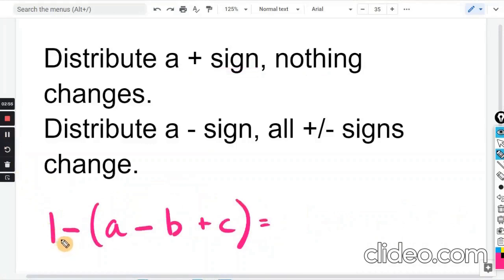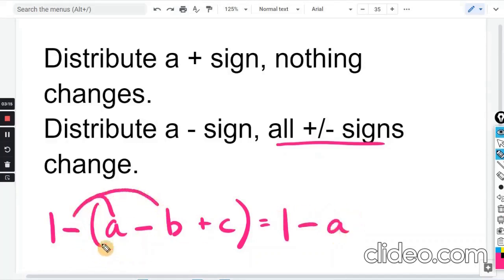Now, if you have 1 minus parentheses, a minus b plus c, all of the plus or minus signs will change because you have to distribute this negative to each term. So you start with the 1, and then you would have minus a, minus negative b, the two negatives make it positive b, and then minus c.